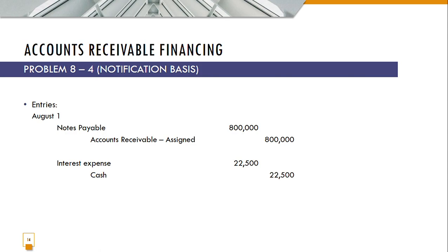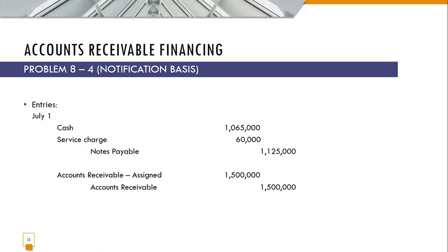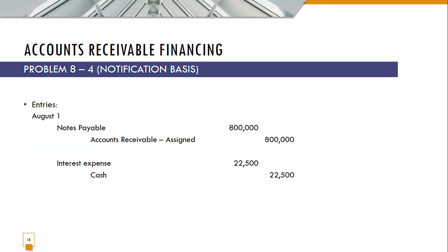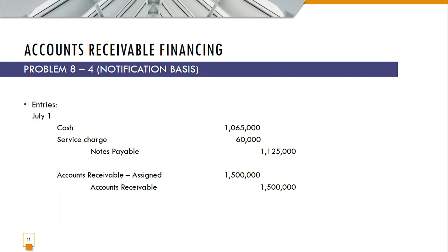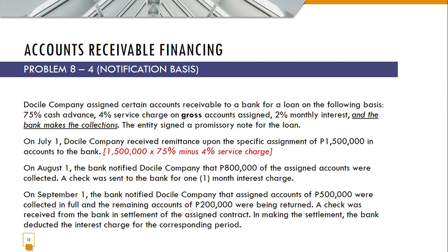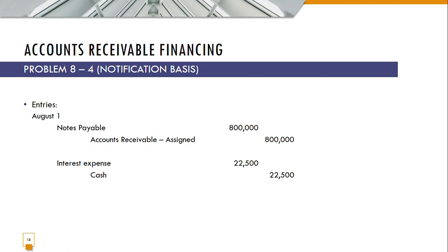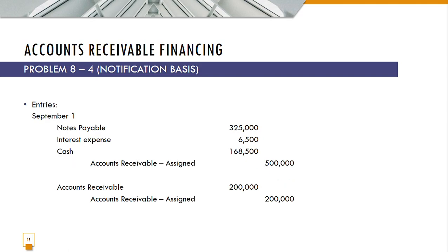So that's 1,125,000 times 2% monthly interest. So that's 22,500.